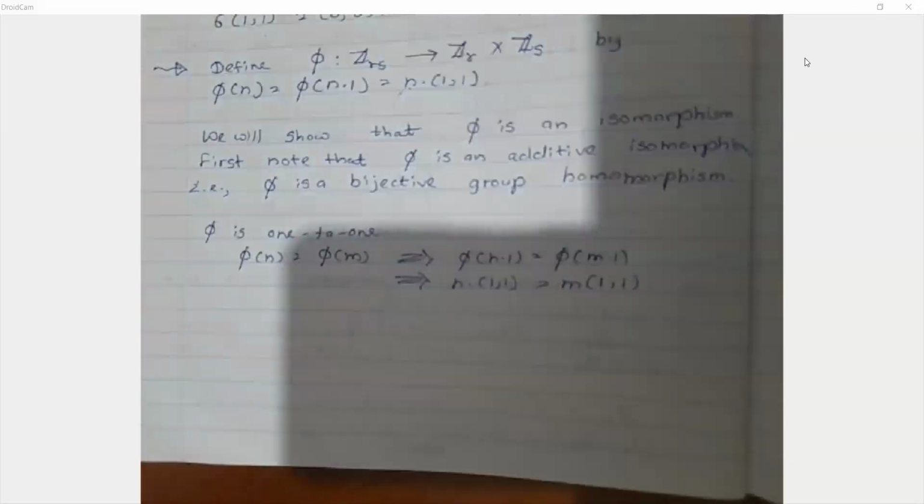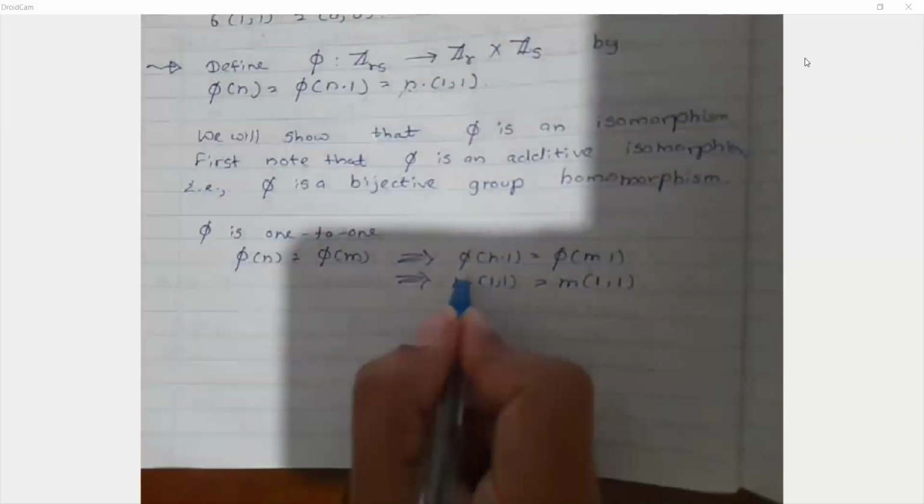Now observe, what does this give you? If you once again go back to this example as a referral, n times (1,1) means you are adding the element (1,1) n times. And on the other hand, we get the same thing when you add (1,1) m times. So now addition is done component-wise.